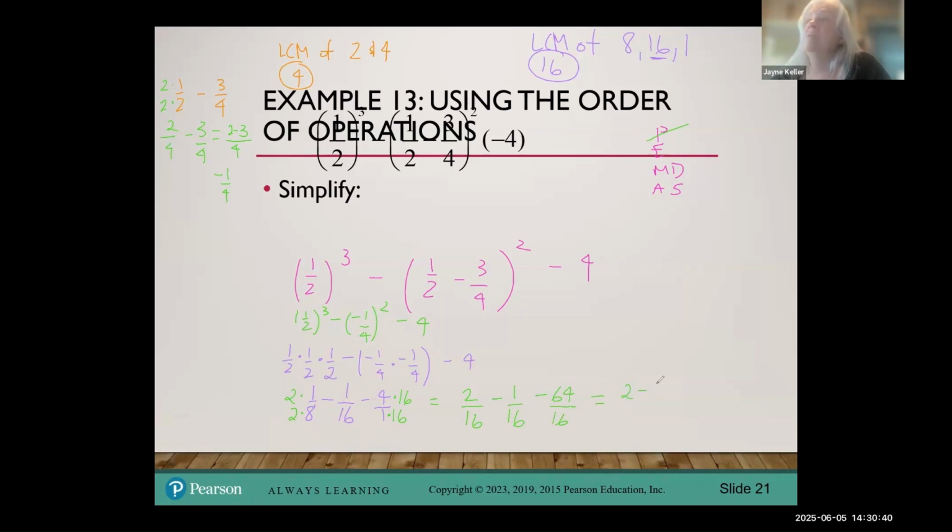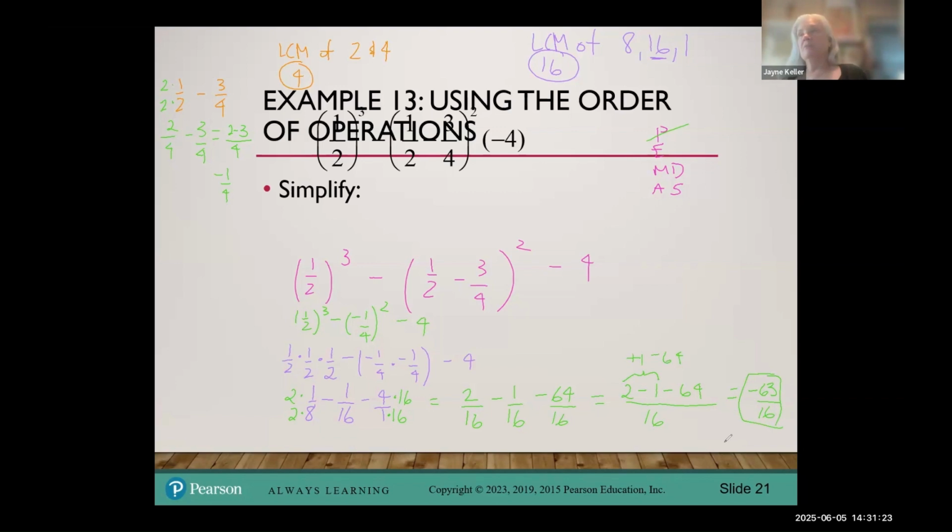So I have 2 minus 1 minus 64. So 2 minus 1 is positive 1, then minus 64 gives negative 63 over 16. And I can't simplify that because 63 is 9 times 7 and 16 is 4 times 4. So that's a good final answer.